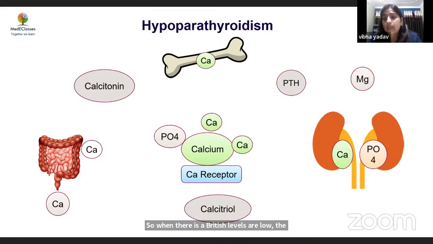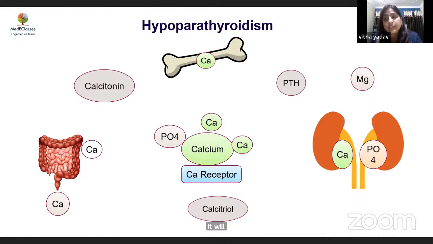It will cause hypocalcemia. PTH is also responsible for calcium absorption, that 5% calcium absorption from the DCT. So it will not be able to absorb the calcium. It will cause hypercalciuria. And PTH is also responsible for phosphate excretion.